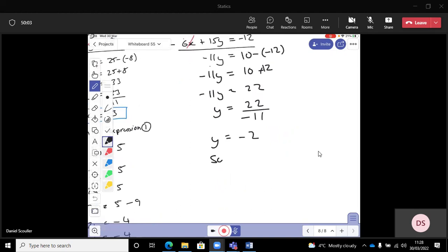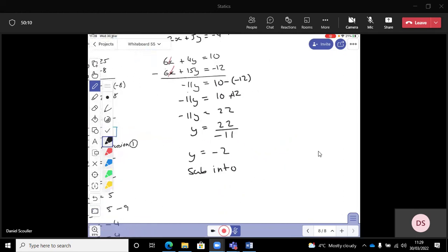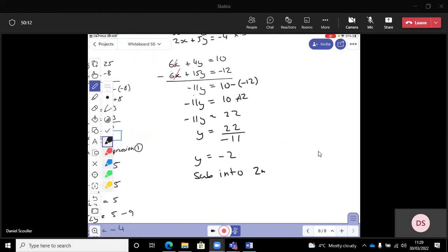Okay, and then we'd sub that into whichever expression you want. So 2x plus 5y equals -4.